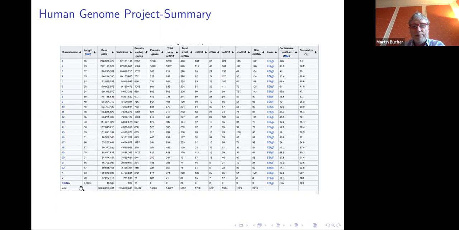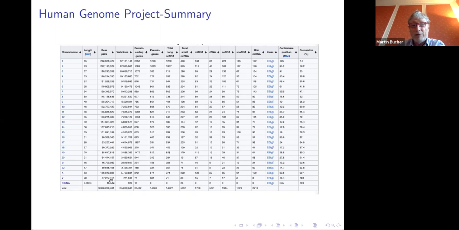So there are 23, and we have the 2 sex chromosomes, and they're very roughly ordered from the longest, with the most information, to the shortest. And the sex chromosomes, at the end, maybe we'll talk a bit about this.